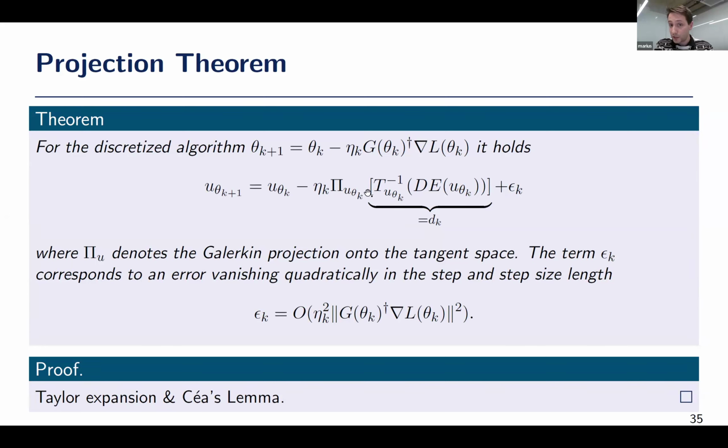You have this projection onto the tangent space, and another error contribution, which is quadratic in the step size length that you choose, and also in the length of this direction. The proof is just Taylor expansion and the Cauchy-Schwarz lemma essentially, so it's very simple.